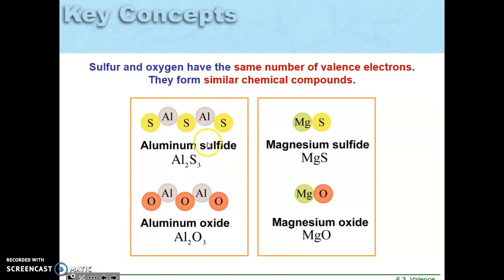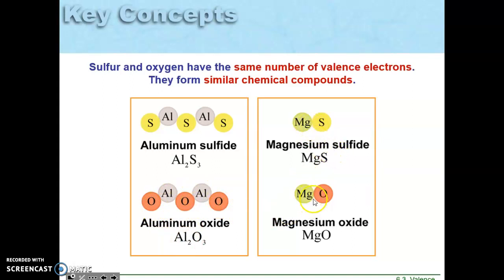So we know that oxygen and sulfur are in the same family, and we can see when we pair them up with aluminum, aluminum sulfide is Al2S3, and aluminum oxide is Al2O3. The same thing happens when we pair them up with magnesium.